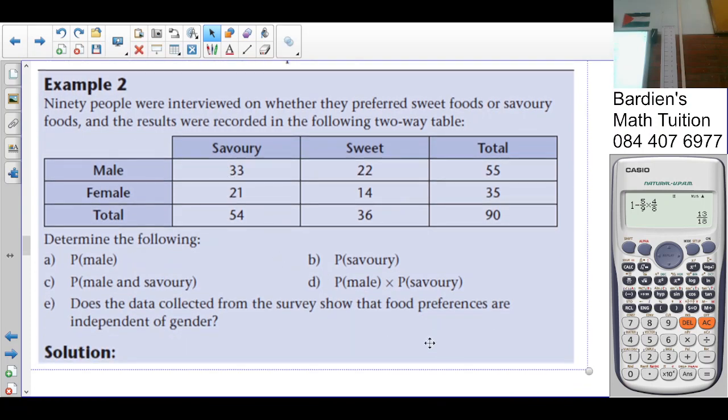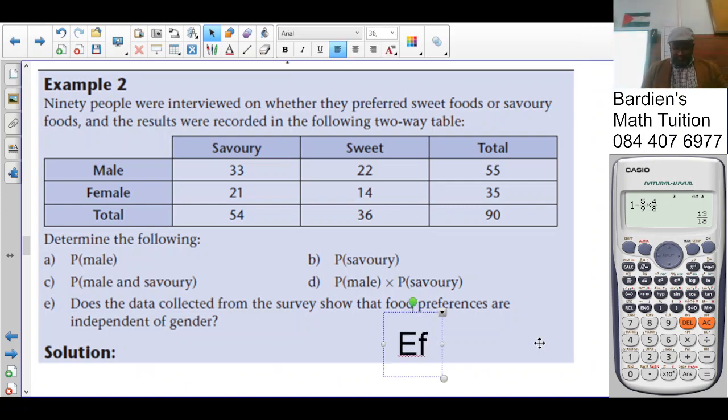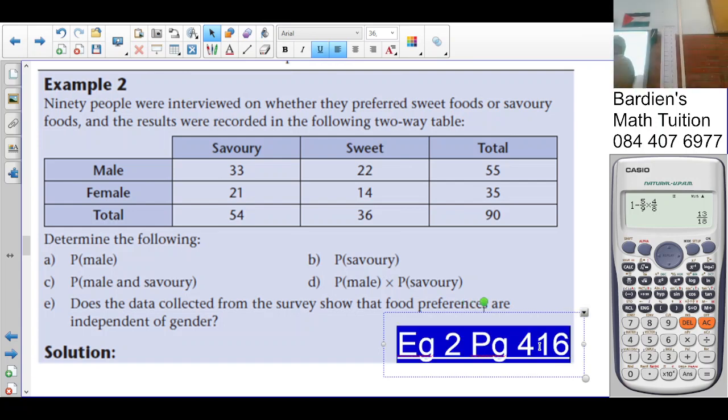So now we're looking at example 2. Example 2 is on page 416. Okay.